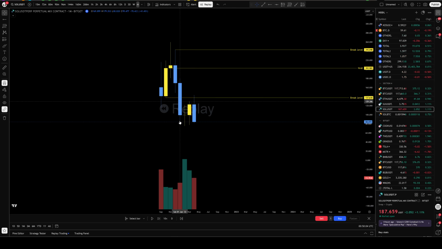So we go down, we come back up, we reject off the backside of support. And this is the thing: once price has spent enough time on one side of support, it becomes resistance. By spending too much time down here, we have bounced off the backside of what should have supported price but didn't, it has become resistance, and then it gets hard closed as resistance.